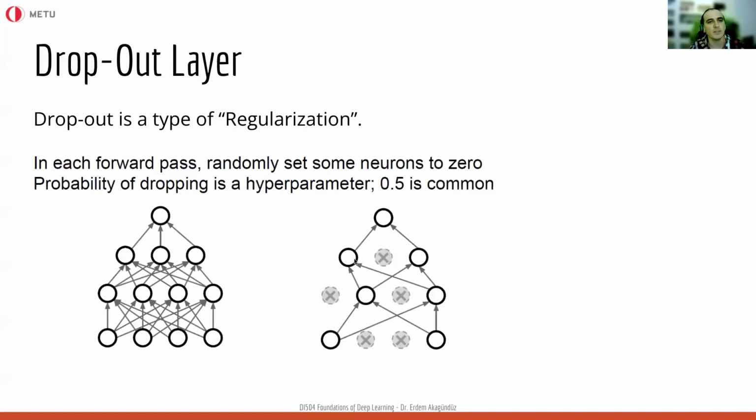The dropout layer is something very simple, guys. Actually, it's a type of regularization. Remember what regularization was? As we learned in the previous lectures, it was a component in the loss function, which we used to not suffer from overfitting.